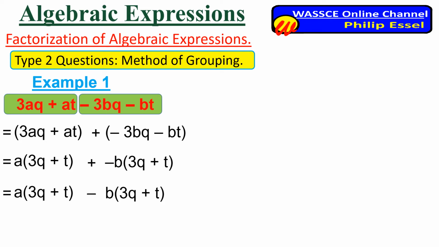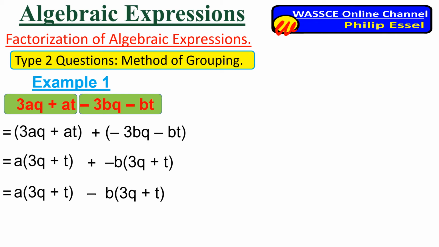At this point, we have two main terms. The first term is a, then bracket 3q plus t, bracket closed. The second term is negative b, bracket 3q plus t.